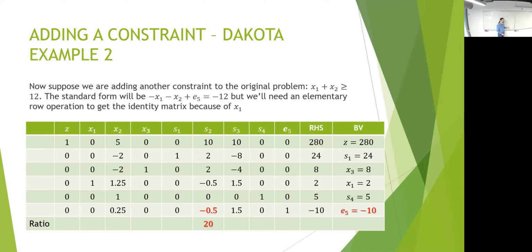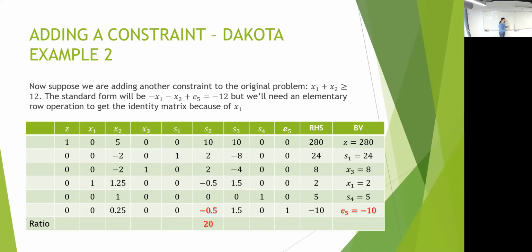So when we add that constraint, again, we have minus x1 minus x2 plus e5 is equal to minus 12, but that x1 is in the solution, so we have to get rid of that x1. So we take its row and add it to the newly added constraint.